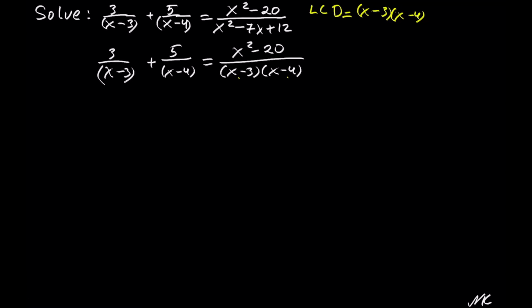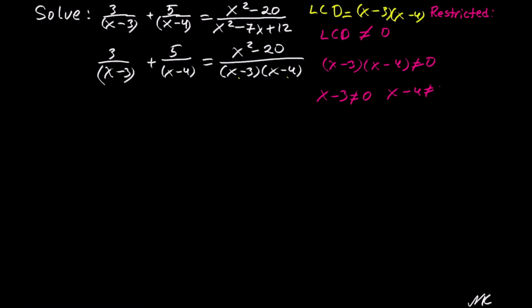We also need to find the restricted values to make sure we don't have solutions that make denominators 0, and the best way of doing that is to set the least common denominator not equal to 0. So x minus 3 times x minus 4 cannot be equal to 0. To solve this, we say x minus 3 cannot be equal to 0 and x minus 4 cannot be equal to 0.